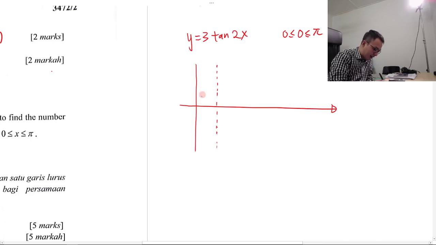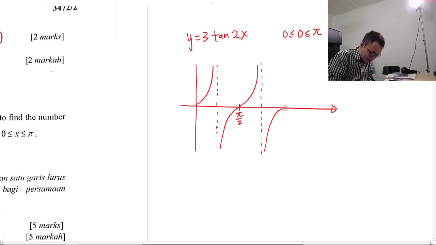So my tangent graph will go up, and then from here, this one we call one cycle. They stop at pi over 2. But I need to draw up to pi, right? Then I will just continue another dotted line here. So therefore, I'll draw another cycle. And I should stop at pi. Alright, so this is what we call two cycles in terms of pi.